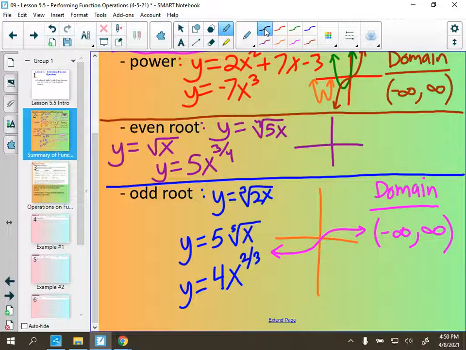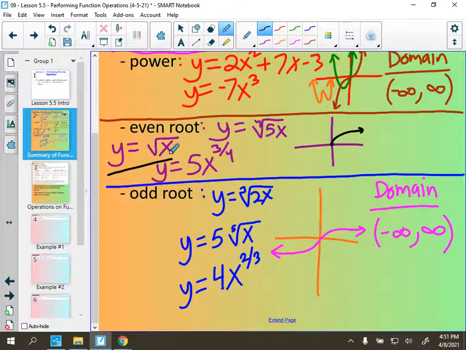Here's our parent function. Let's graph y equals the square root of x. Remember, those ones had a clear, what we would call maybe starting point, where 0, 0 was the furthest left this graph went on that parent function. Why? Because it's restricted. We're not in the real number system. There is no square root of negative numbers.